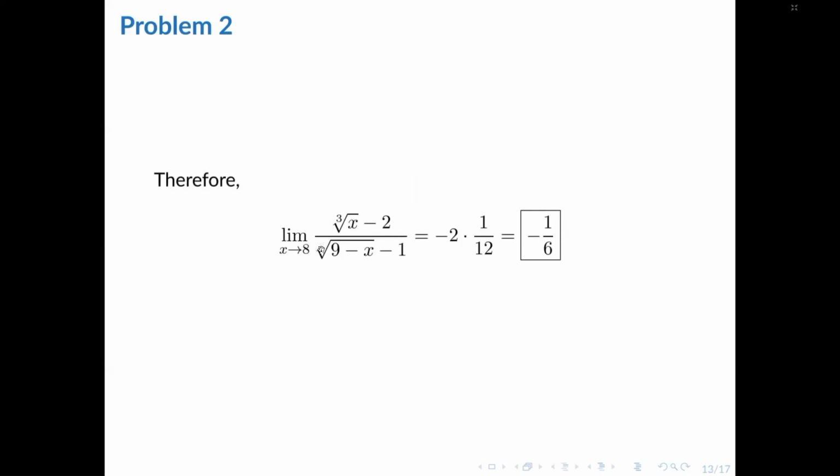So the limit of the original function, which is the cube root of x minus 2 all over square root of 9 minus x minus 1 as x approaches 8, is equal to the product of negative 2 and 1 over 12, which is equal to negative 1 over 6.